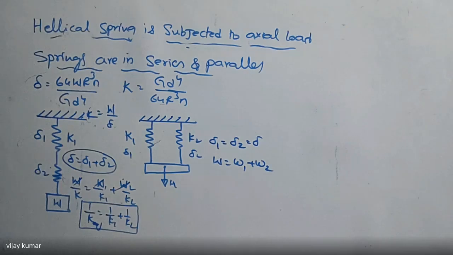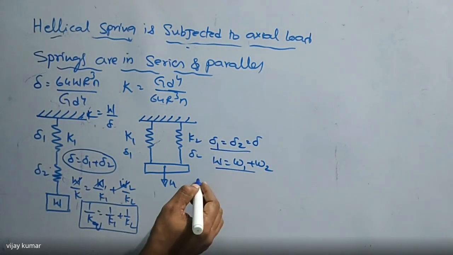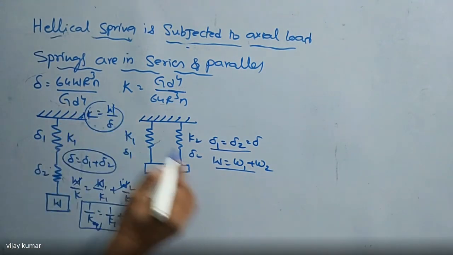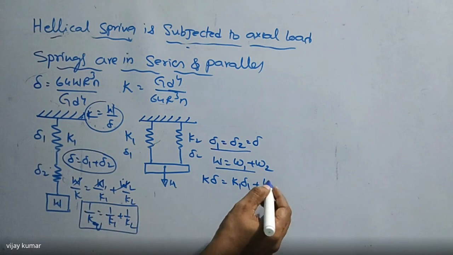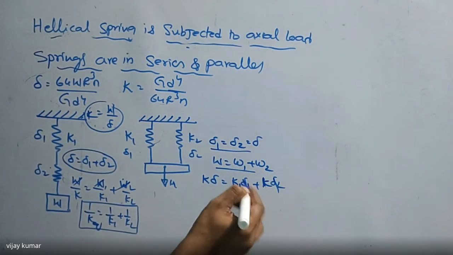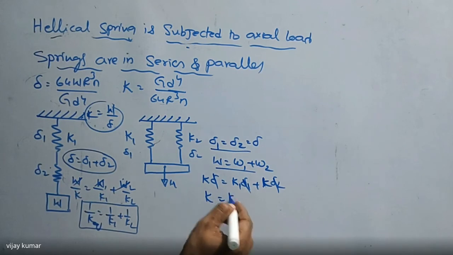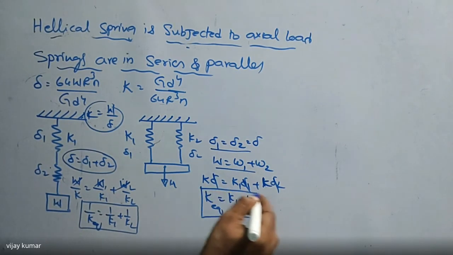And at the same time, here I'm writing W is nothing but, from this equation, K into delta is equal to K1 into delta 1 plus K2 into delta 2. So here delta 1, delta 2 are all the same. K is equal to K1 plus K2. So this is nothing but the equivalent stiffness of the spring when two springs are connected in parallel. Did you get my point or not?